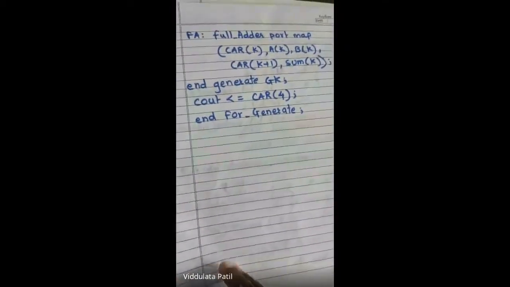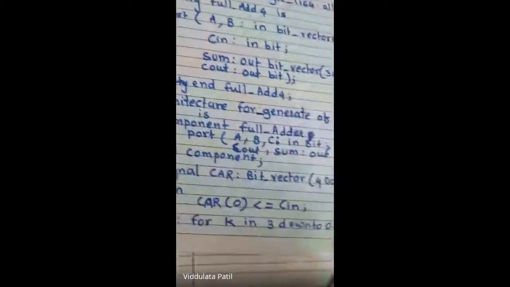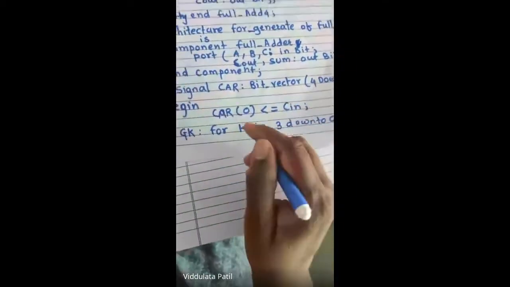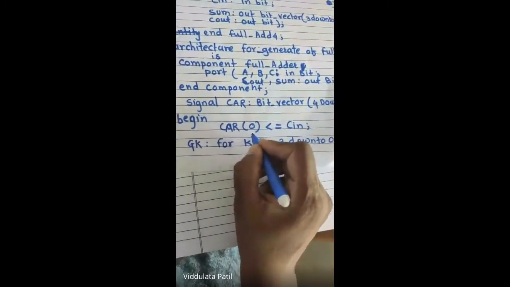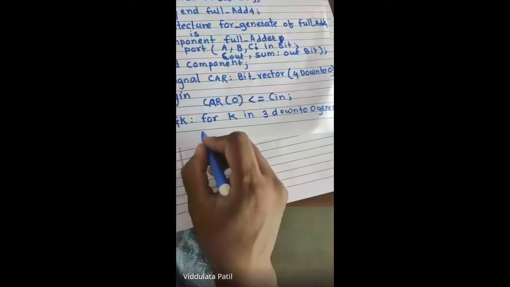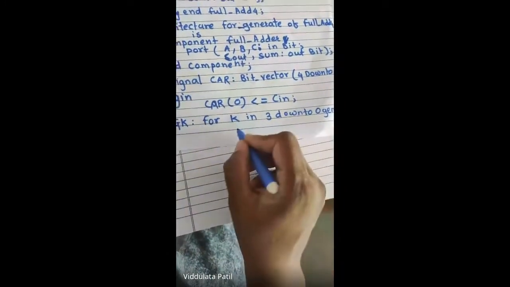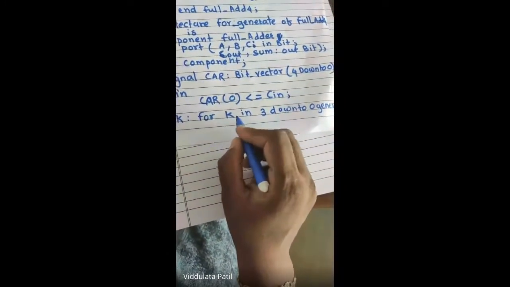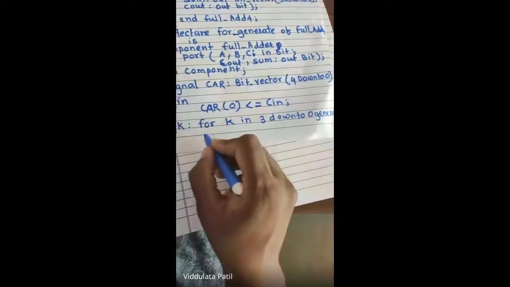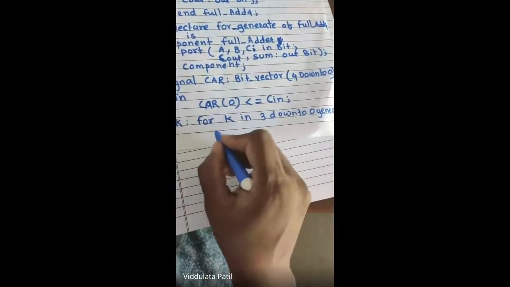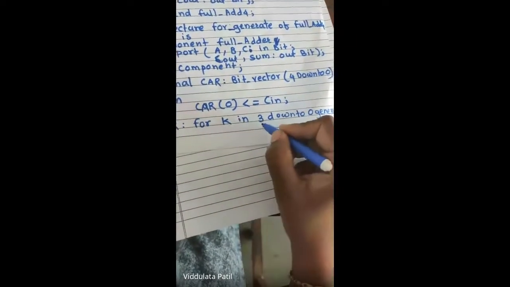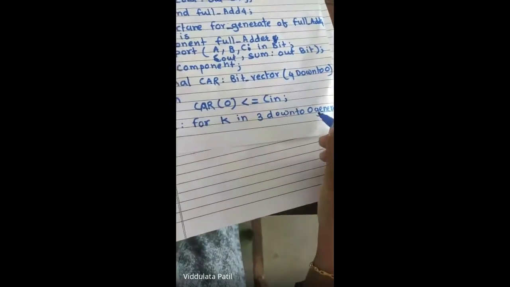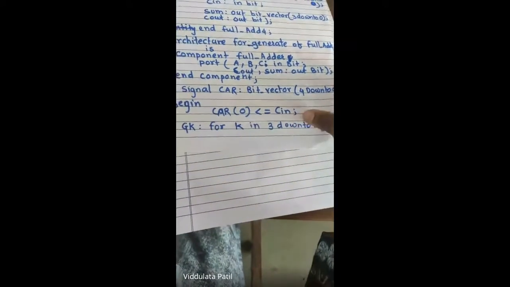Initially, what we have done, we have assigned the value of Cin to car 0. Then we are considering this for generate statement, which will work for the values k from 3 down to 0. That means this loop will have 4 iterations.